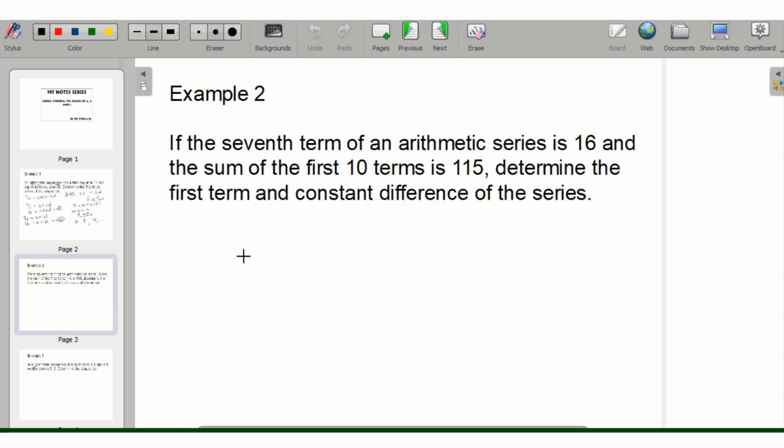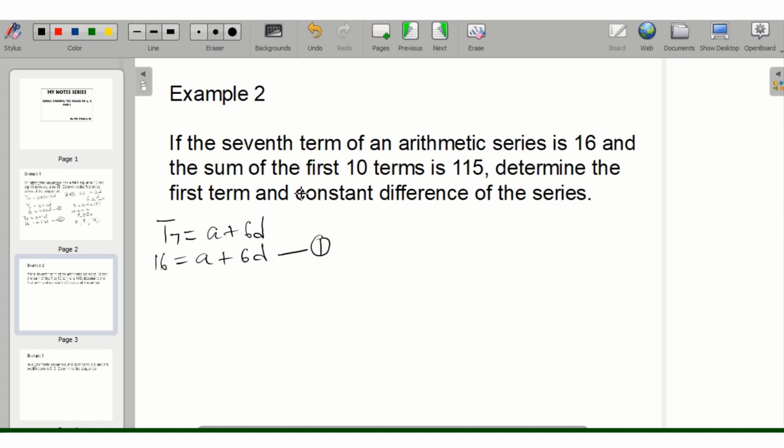In the second example, I like it because it's actually interesting, because they integrate the idea of series, the idea of sums. So they are saying if the seventh term of an arithmetic series is 16, so T7, that is a plus 6d. Now they are telling us this is 16, so that's a plus 6d equals 16. That is the first equation.